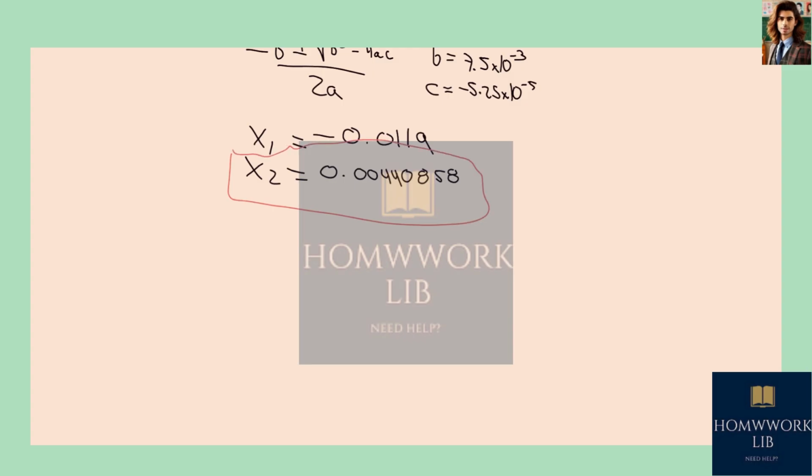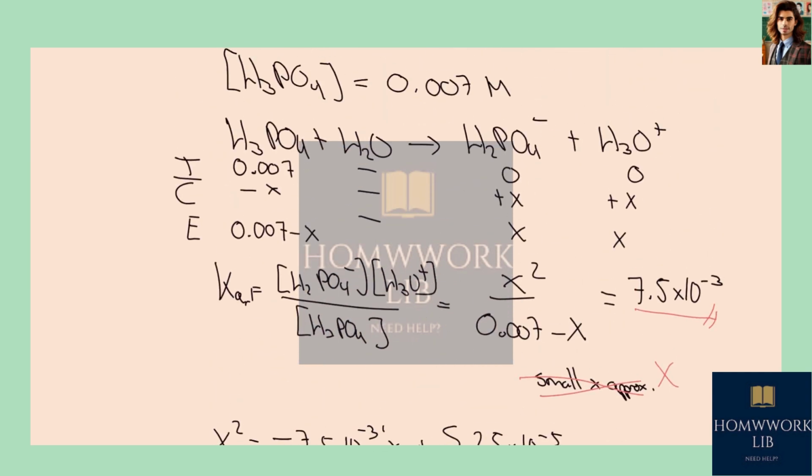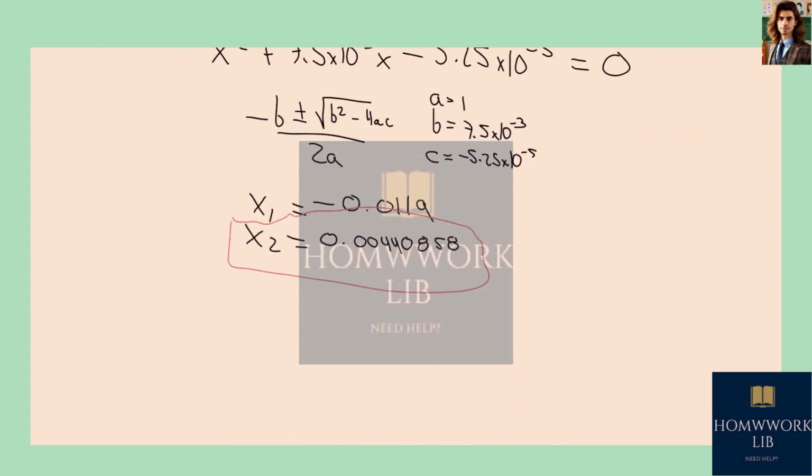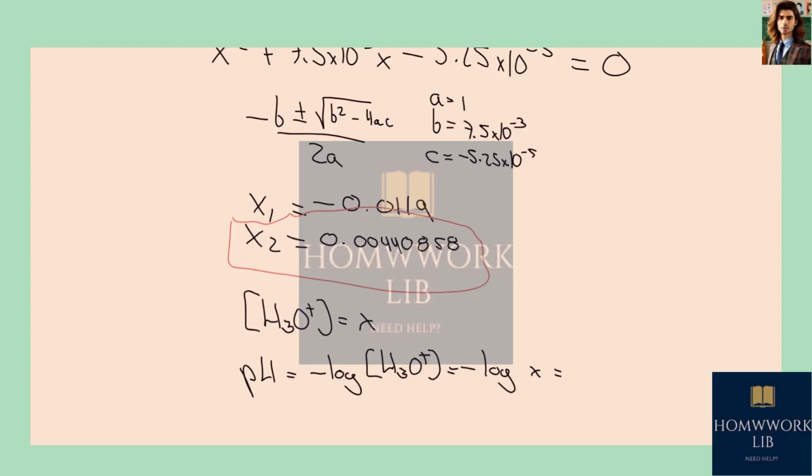And remember that from our ice table, the concentration of H3O plus is equal to x. So since the concentration of H3O plus is equal to x, then the pH, which is minus the logarithm of this concentration, is going to be equal to minus the logarithm of x for us.